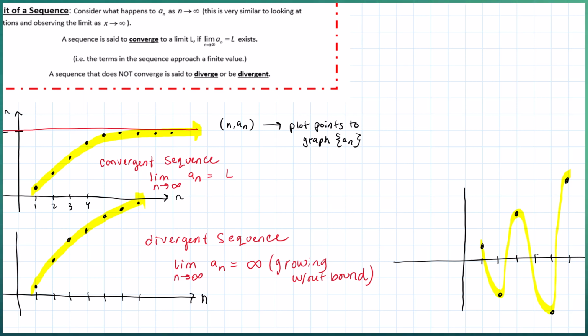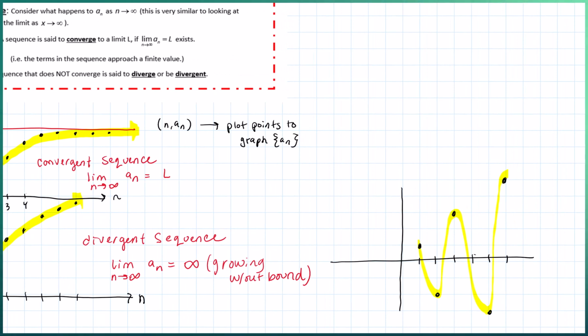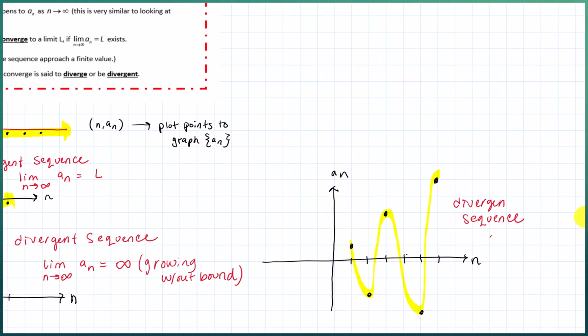So again, when I'm graphing each of these, I'm plotting the n and a sub n terms. In this case, we would also call this a divergent sequence. And in this case, what's happening is the limit as we're approaching infinity of a sub n just doesn't exist. There's oscillation.